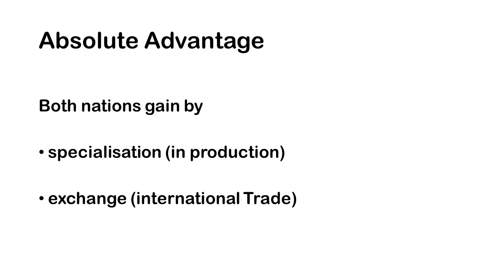So according to absolute advantage theory, both nations gain by specialization in production and exchange. According to Adam Smith, it is mutually beneficial for both the trading partners to engage in international trade.